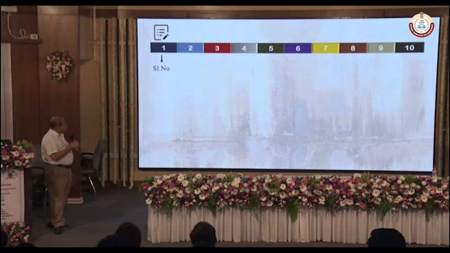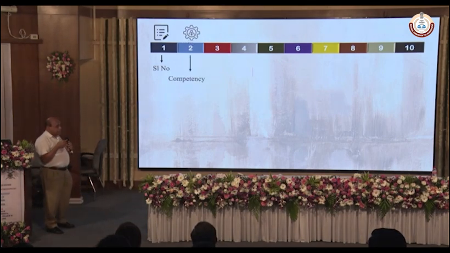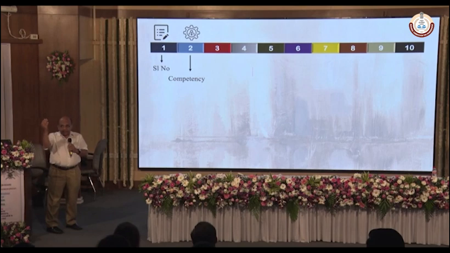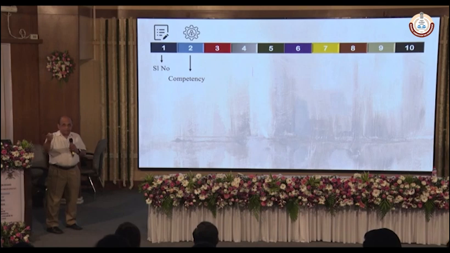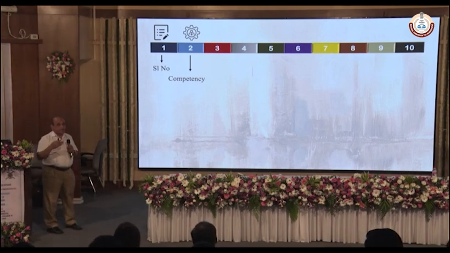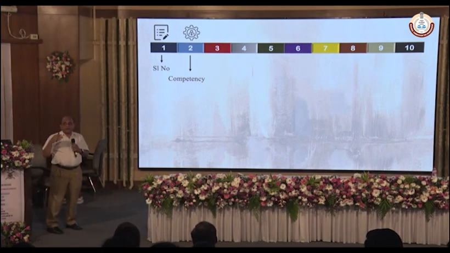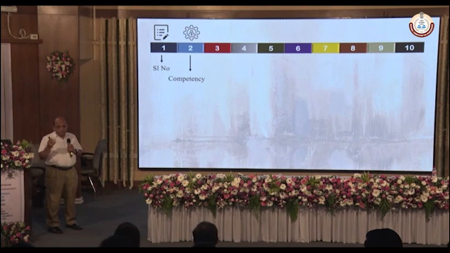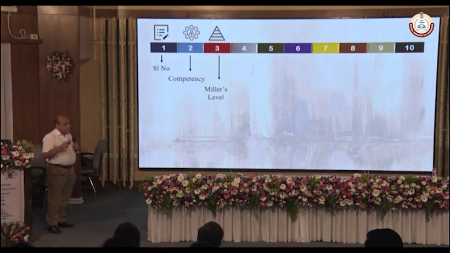The second is the competency, whether it is KS, PC, HO, whatever it is, whether it is knowledge and skill, whether it is patient care, whether it is homeopathic orientation, then whether it is problem-based learning, all those things are there. The third one is the Miller's domain.